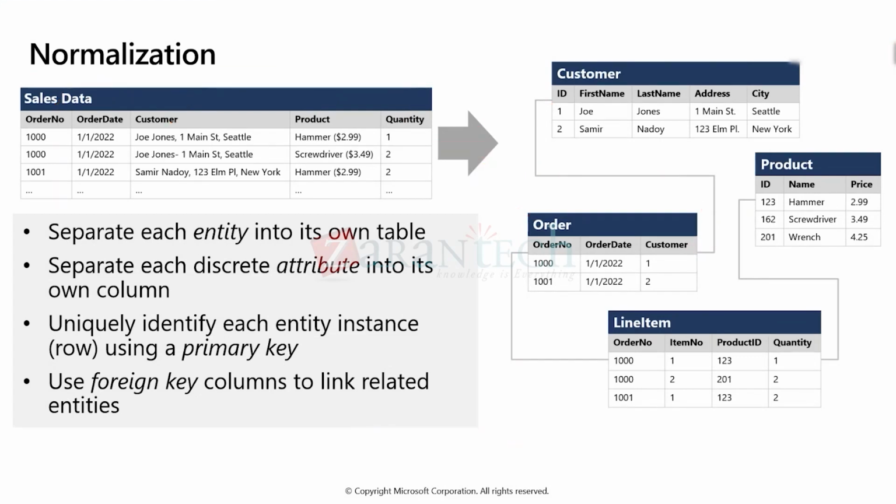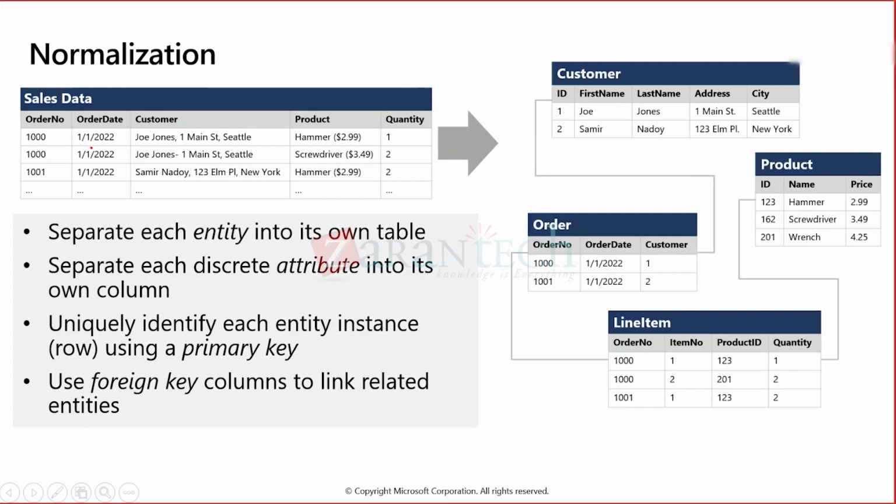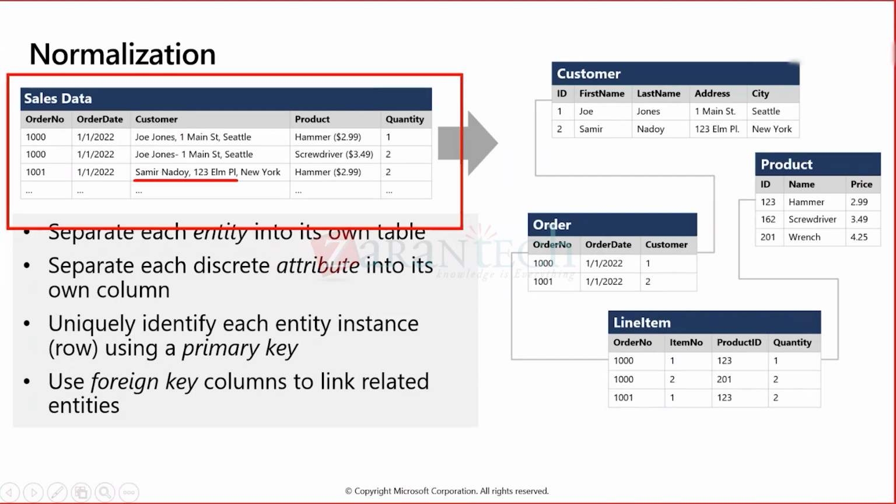So, for example, you have this table. This table has all the information: order number, order date, cost, customer, product, quantity, and so on. Whenever the same customer places an order of 10 or 20 items, all this information is repeated, which is not required. It is wasting your storage.